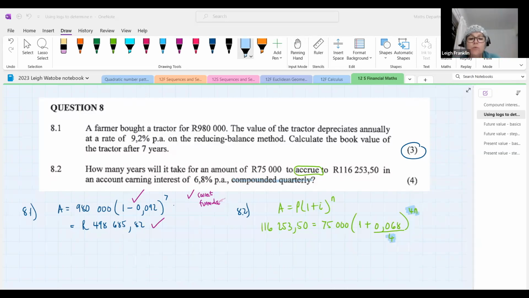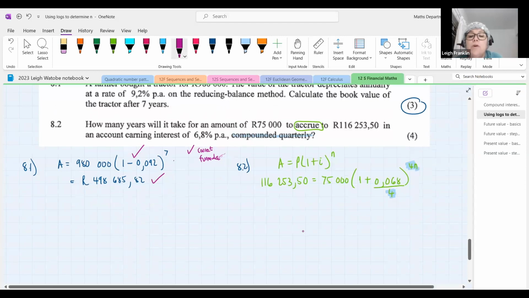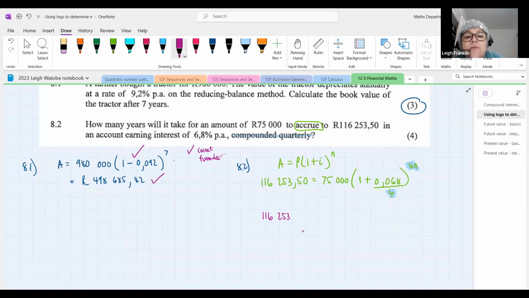Okay, I'm not sure I'm going to get the same answer as you, but let's do this. First things first, we are dividing both sides by 75,000, right? So we've got 116,253.50 divided by 75,000.